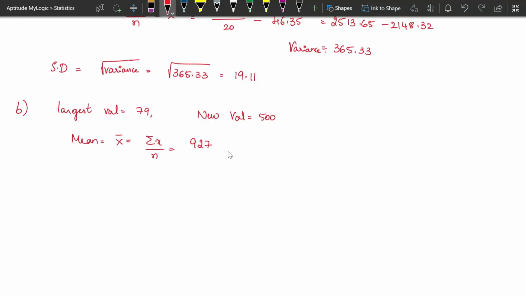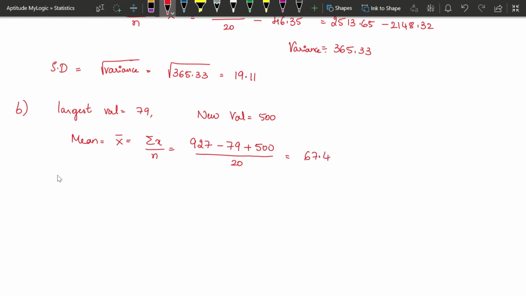Now in those 20 values, I am removing 79 and I am adding 500. Now you divide this total of all the values by 20 to get the mean. So 927 minus 79 plus 500 gives you 1348. That divided by 20 gives 67.4.